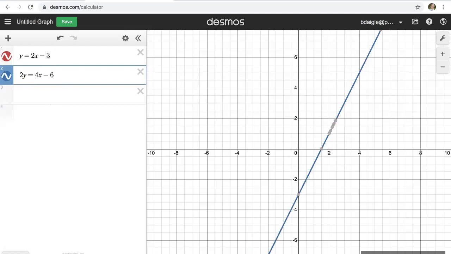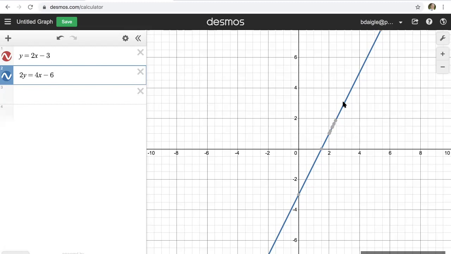Now look what happens. I have two lines here, blue and red. They're mapped one on top of the other. These are dependent. They're also going to give you the same solutions for each equation. It gives you all of them the same solutions. This dependent system has infinitely many solutions.